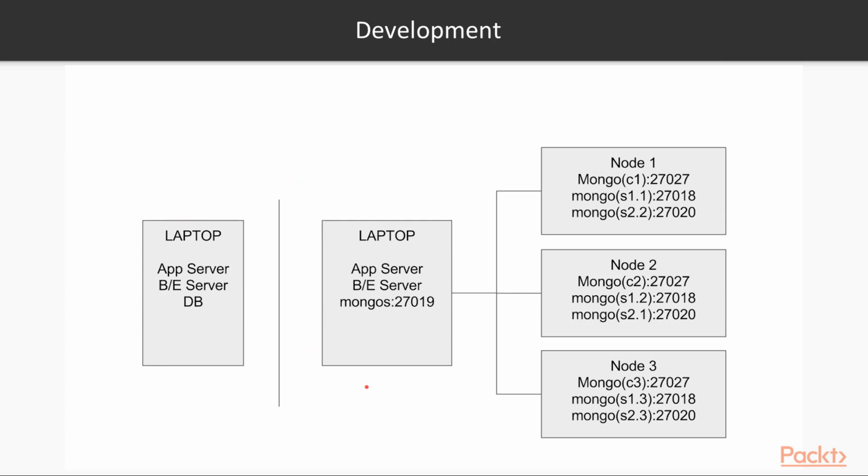I actually have both of these environments in my house, for when I do my work. And when I go into the office, my laptop is capable in a self-contained environment. But when I'm working out of the house, I can change my configuration files and I can access different boxes on my network to test my ability to work with replication sets or test my ability to work with sharded clusters.